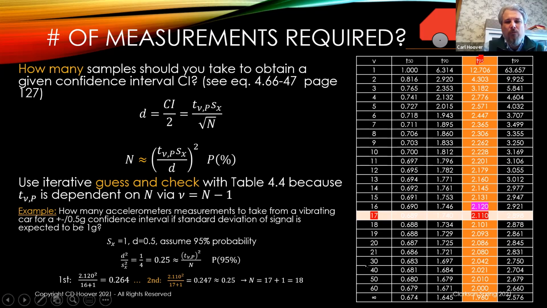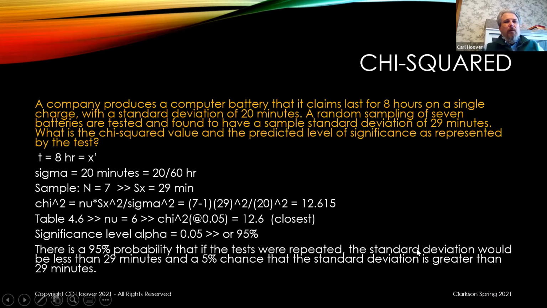So we'll move on to the next problem. So this is a problem about chi-squared. A company produces a computer battery that it claims will last for 8 hours on a single charge with a standard deviation of 20 minutes. A random sampling of 7 batteries are tested and found to have a standard deviation of 29 minutes.